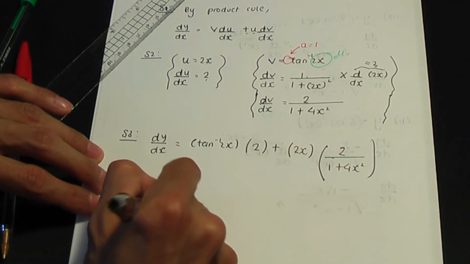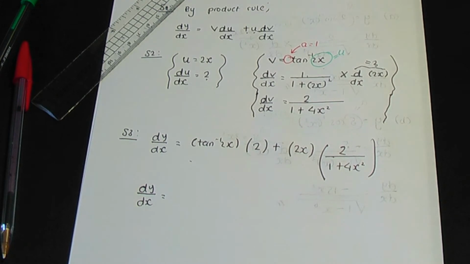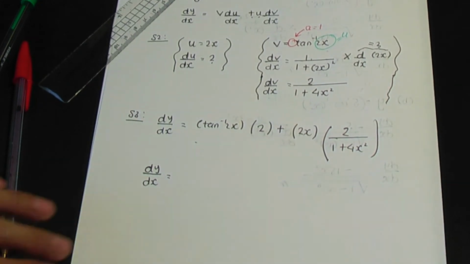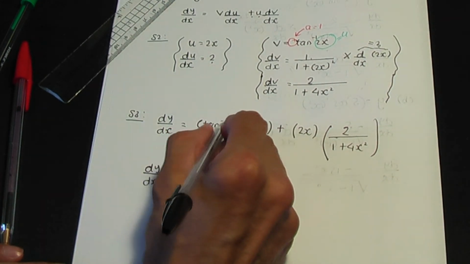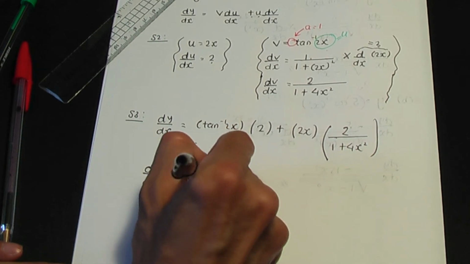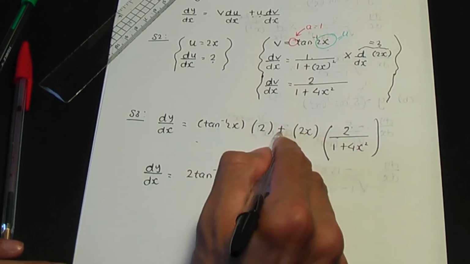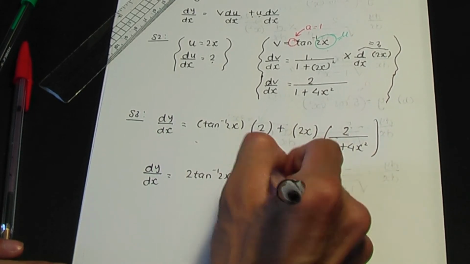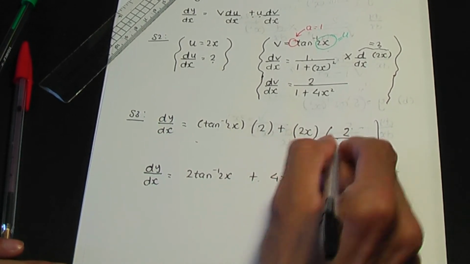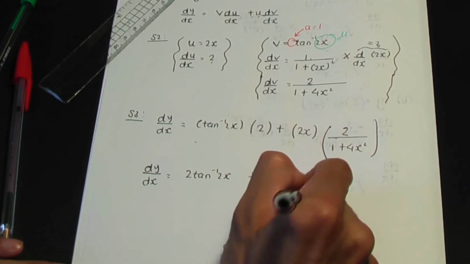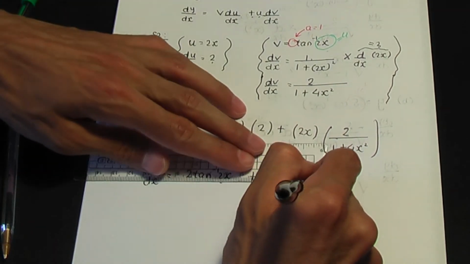So all that needs to be done is to simplify. If I expand the brackets, 2 times tan inverse 2x is 2 tan inverse 2x, plus 2 times 2x is 4x over 1 plus 4x squared.